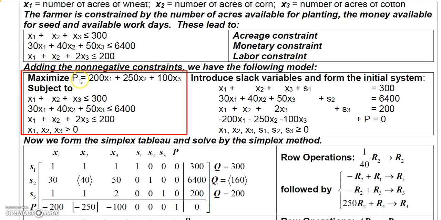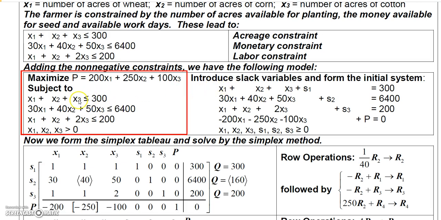Your profit function, if you go back and read the problem, it tells you right out that the profit for each acre of wheat was $200, the profit per acre of corn was $250, and the profit per acre of cotton was $100. And then we throw in our 3 problem constraints. And then don't forget to write your non-negative constraints, because you got to have those as well. Because you know you can't plant a negative number of acres of any crop.